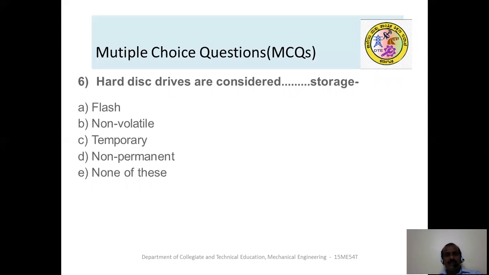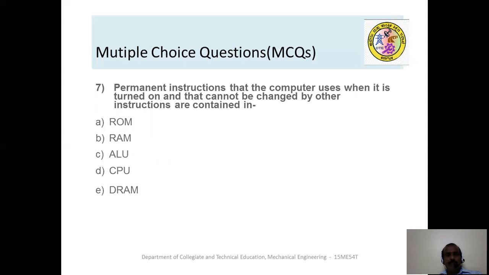Hard disk drives are considered as dash storage: flash, non-volatile, temporary, non-permanent, none of these. The answer is B, that is non-volatile. Permanent instructions that the computer uses when it is turned on and that cannot be changed by other instructions are contained in ROM, RAM, ALU, CPU, DRAM.